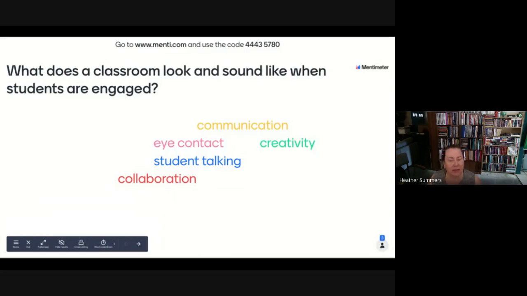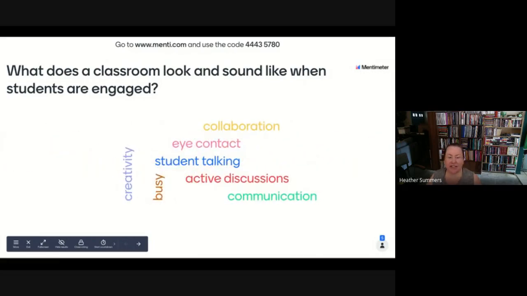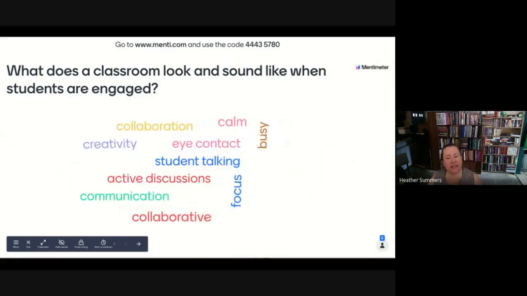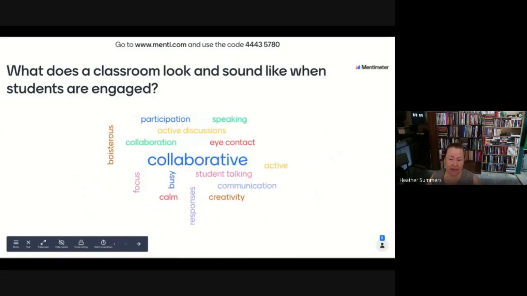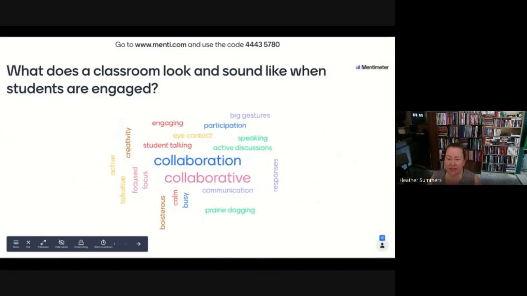So I see collaboration and communication, as well as eye contact, active discussions, creativity, busy, calm, speaking, boisterous.